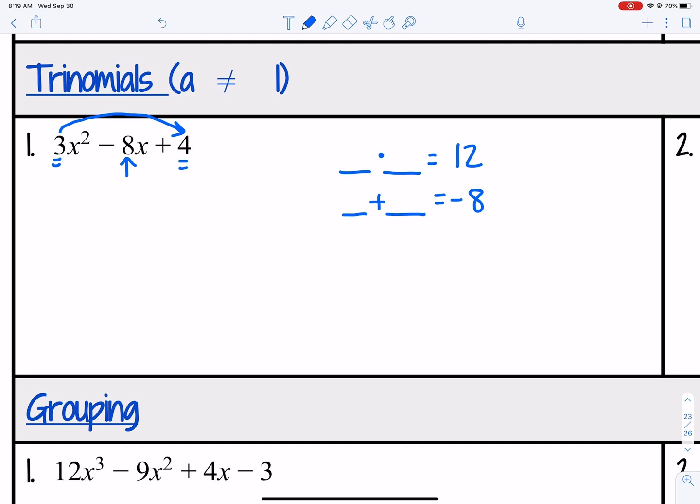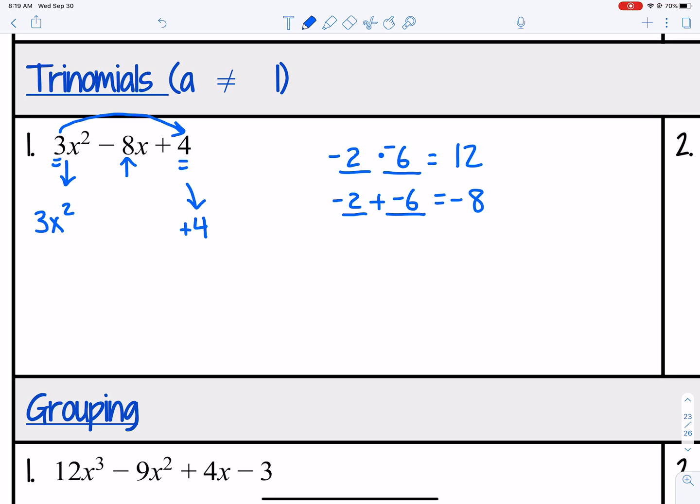So you can think of numbers like 1 times 12, but those won't add up to -8. 2 times 6 would work, but you just need them both to be negative so that they add to be -8.